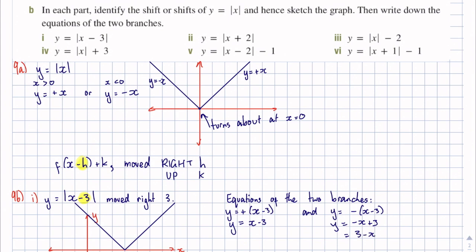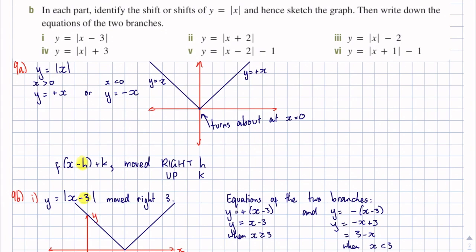So y equals x take 3, that's this one, yeah? When x is greater than or equal to 3. The other one is this sad looking downward one, because it's got a negative gradient. When x is less than 3.